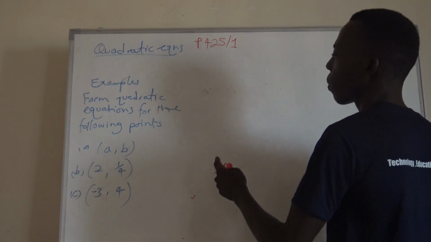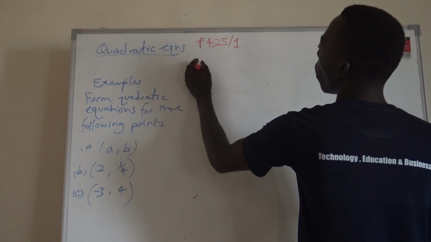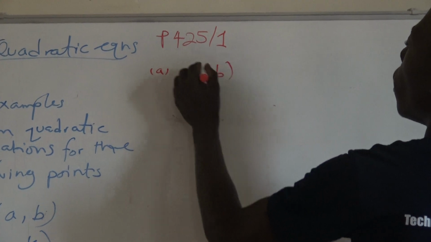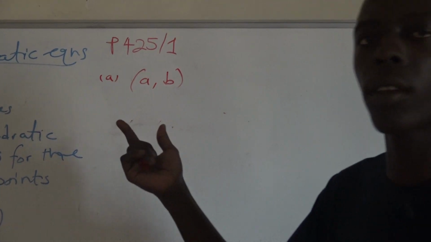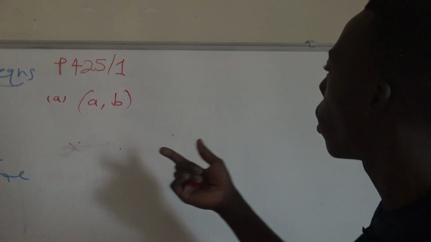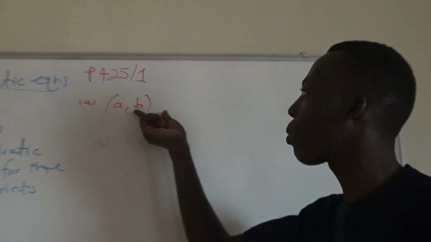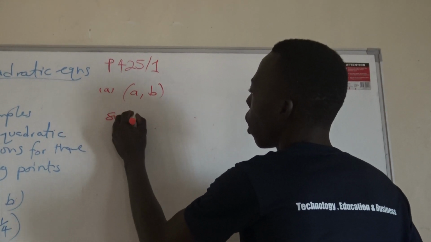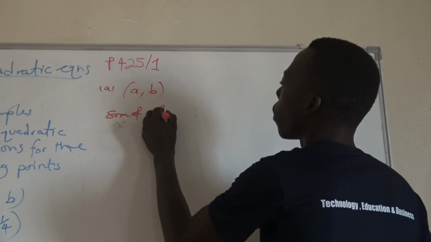Number A, they are saying that it is A, B. AB is our coordinate. It is in the form of X and Y. So since this is X and this is Y, we get now the sum of roots.